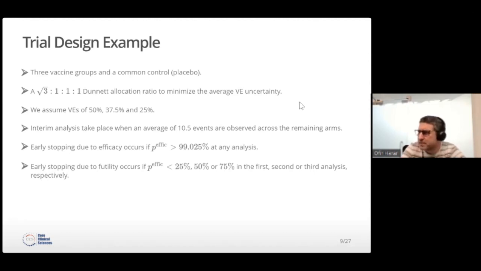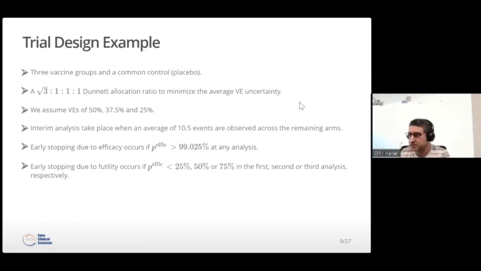So here is an example of a multi-stage, multi-arm vaccine trial. What I'm going to do here is test 3 vaccines against a placebo. And because I'm testing 3 vaccines versus a common control, I'm going to change the allocation ratio such that I randomize around 72% more patients to the placebo group compared to the three vaccine groups.